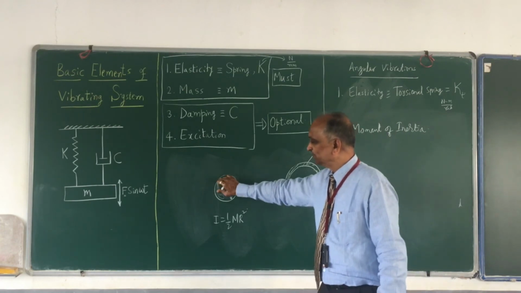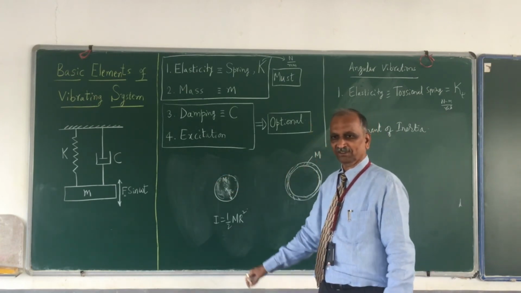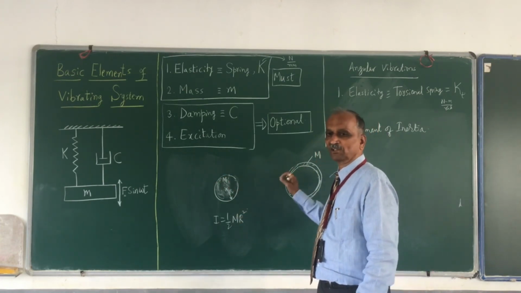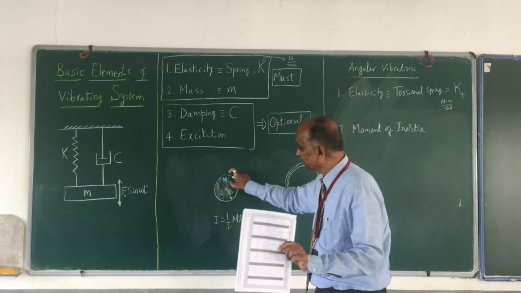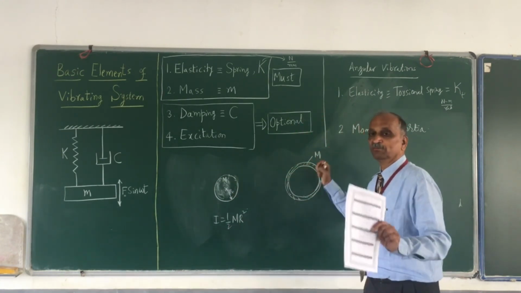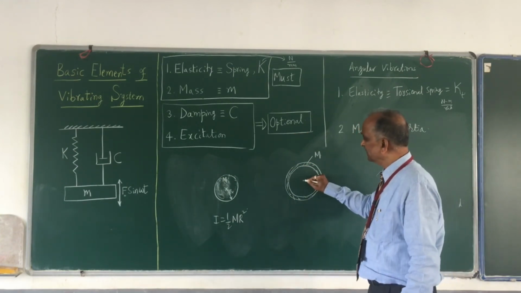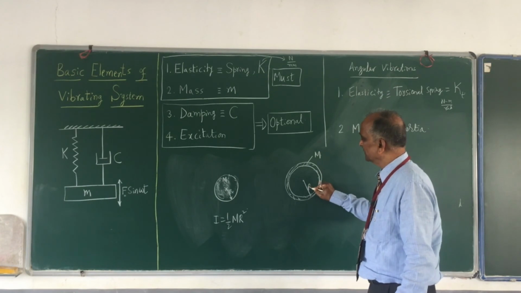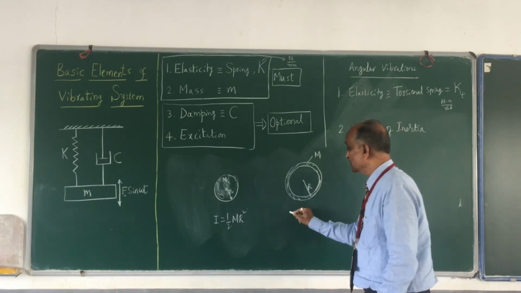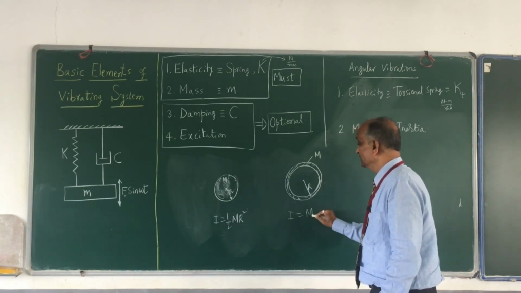If it is 5 kg, this also is 5 kg. If this is 3 kg, this also is 3 kg. The quantity of matter here and here is the same, and the radius also is r. But in this case, the moment of inertia is m r square.